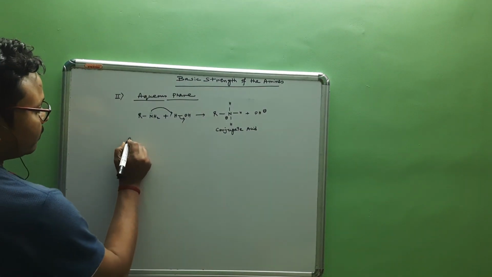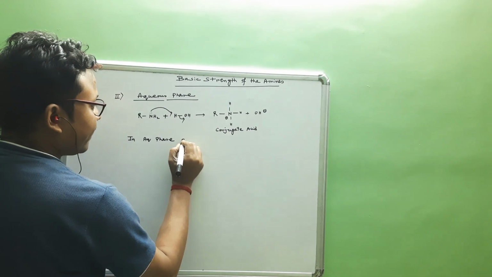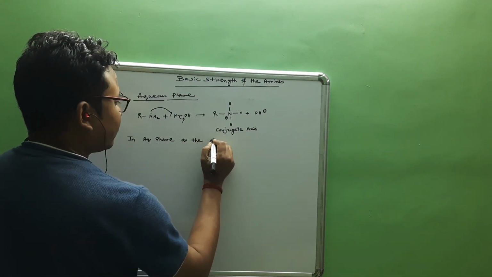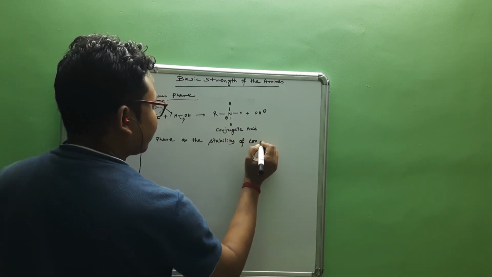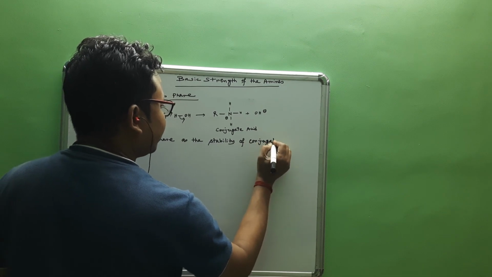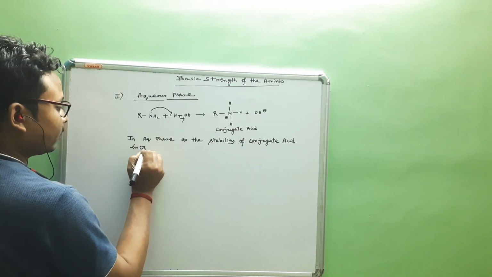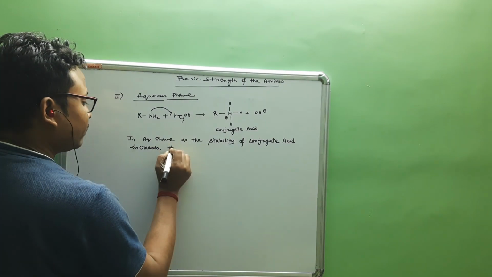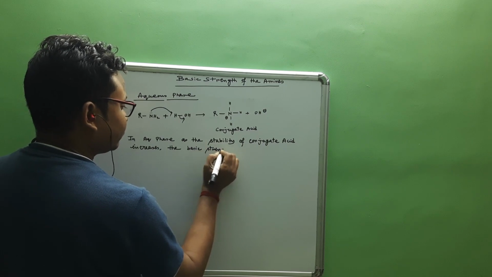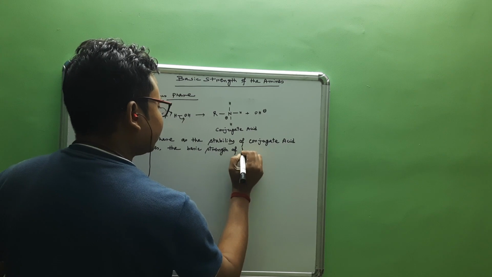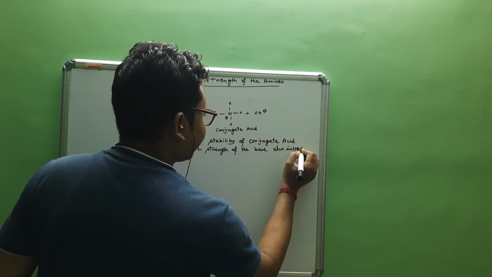Okay. So in aqueous phase, as the stability of the conjugate acid increases, the basic strength of the base also increases.